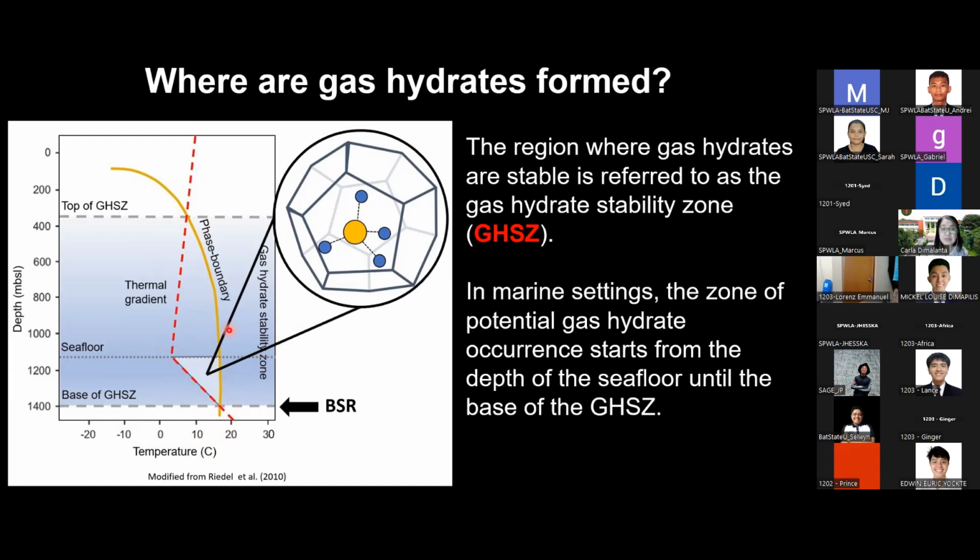Typically in marine settings or in the offshore areas, the zone of potential gas hydrate occurrence is known to start from the depth of the seafloor until the base of the gas hydrate stability zone. This is the most important aspect of gas hydrate formation that will help us when we try to determine where to look for gas hydrate. So this is the clue that we need to look for. We need to find the base of the gas hydrate stability zone.